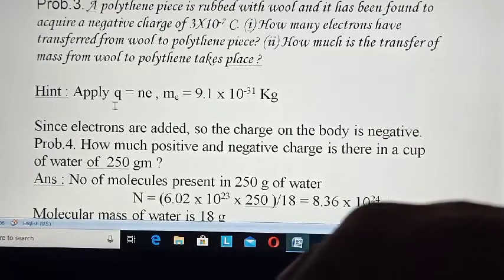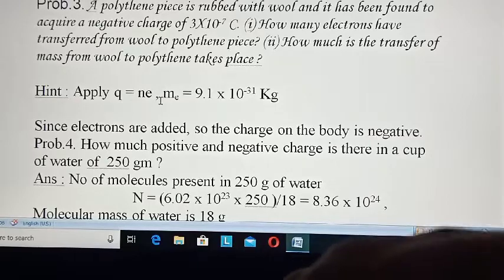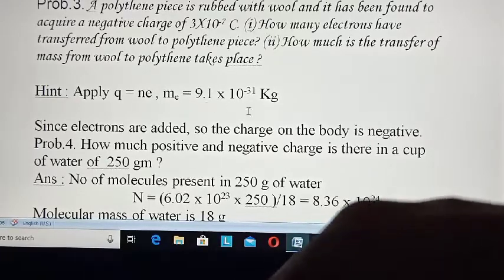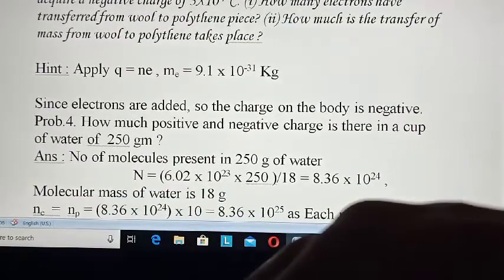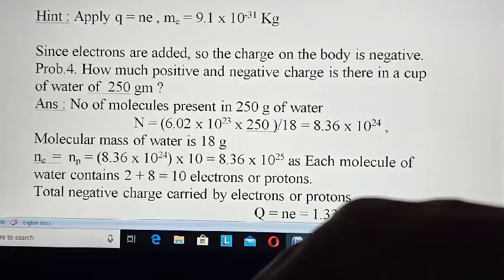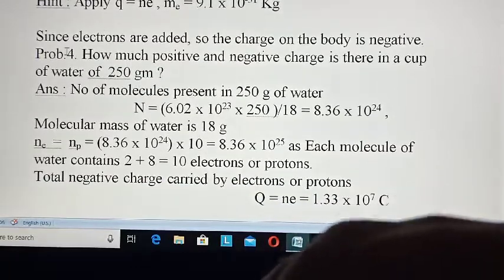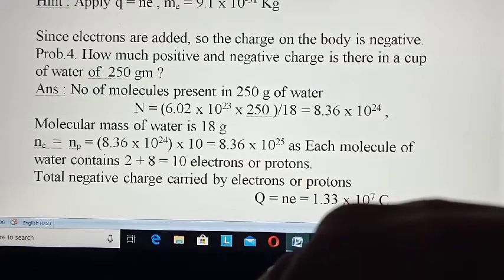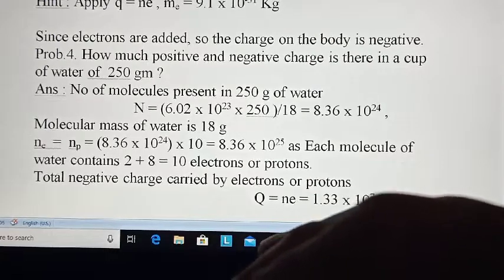You can take it as your homework. Apply Q is equal to Ne. The mass of electron me is equal to 9.1 into 10 to the power minus 31 kg. Since electrons are added, the charge on the body is negative, that already we discussed.